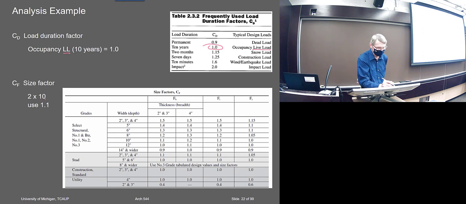A 2x10. Okay, this is the 2x10, should be this guy right there, 1.1, right? This is for FB, and the shear doesn't get a CF factor. Okay, so that's the size factor that we need.